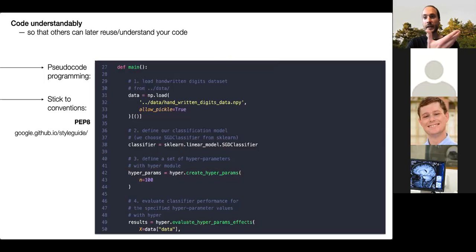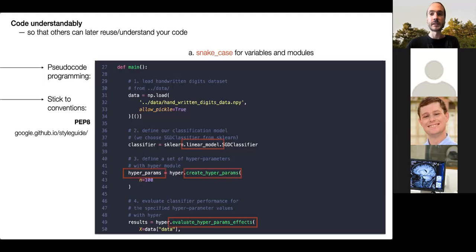These guides are relatively exhaustive, but I just want to cover a few bits of them to give you an intuition of what kind of things these guides specify. PEP8, for example, says that all the variables and modules that you use in your script should be written in snake case. Snake case means that the individual words that make up your variable name are written in lowercase and separated by an underscore.